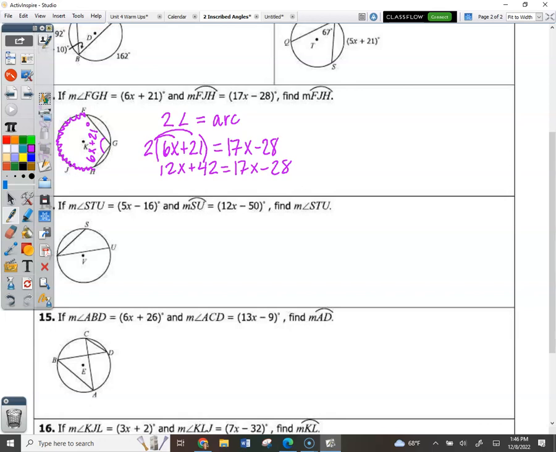Well, no, I mean, that's what I'm here for. It helps if you're highlighting and labeling as you go. I don't know how to solve that. What do you mean you don't know how to solve it? Plug it in. What did it tell you to find? The arc.